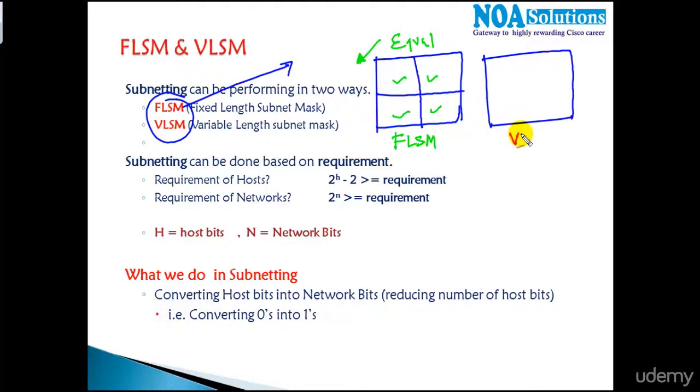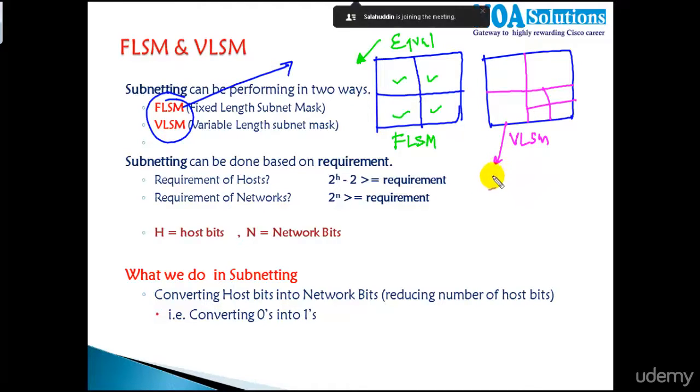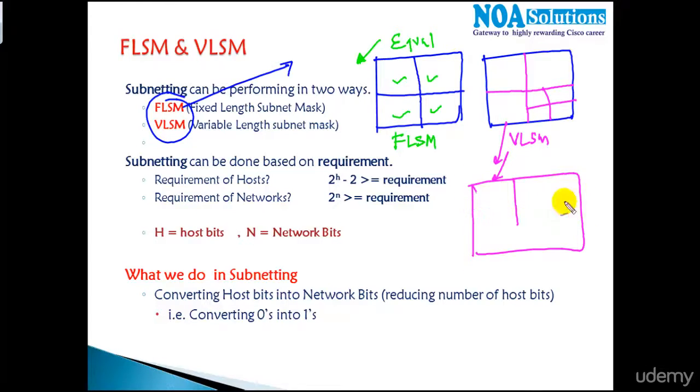Whereas in VLSM, we are dividing into sizes that may be equal, may not be equal. In VLSM we divide one network into variable sizes, just like your home, where you have kitchen, bathroom, hall, bedroom. You have one network, you have 2 bedrooms of equal sizes, and then you have a big hall, and then kitchen, bathroom, something like that.